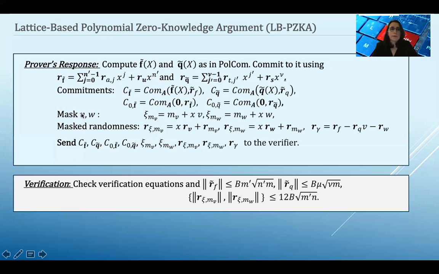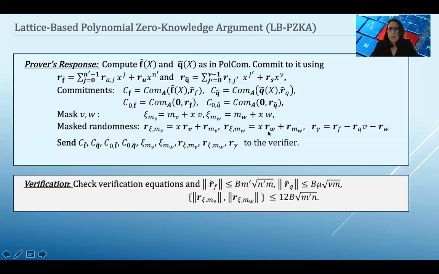Then it masks the values v and w by computing, involving the received challenge, xmv being equal to mv plus x times v, and xmw is mw plus x times w.